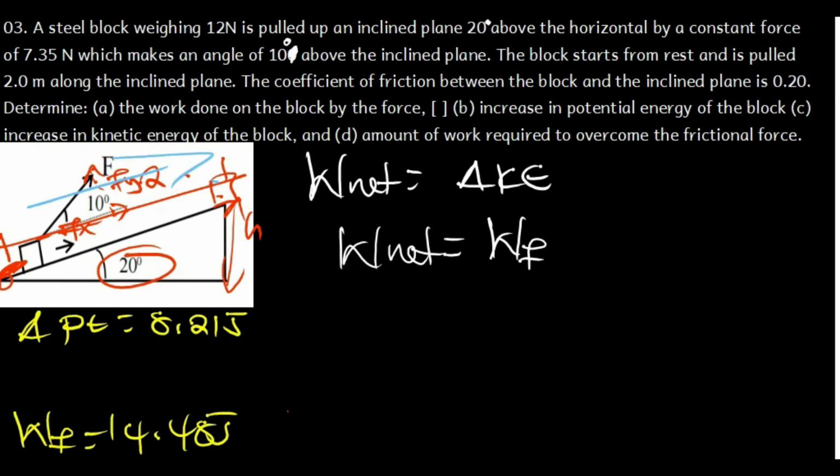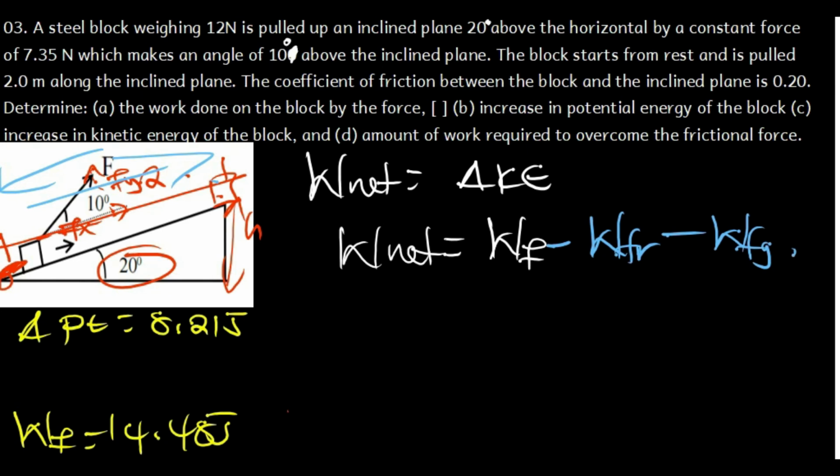Now there is friction. So I'm going to say minus, because that friction is opposing the motion, minus the work done by the friction. But at the same time, we also have another force which is opposing the motion, so I'm going to say minus the work done by Fg.